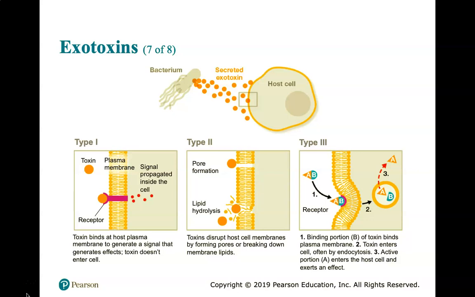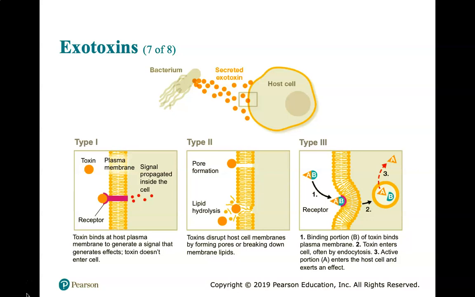It's a type 1, binds to the receptor, triggers an overreaction of the immune system. Type 2, that's the middle one here, that's causing hemolysis, right? Breaking the cell membrane down. Okay, the cell membrane starts to break down.